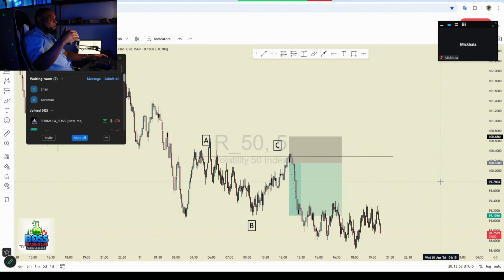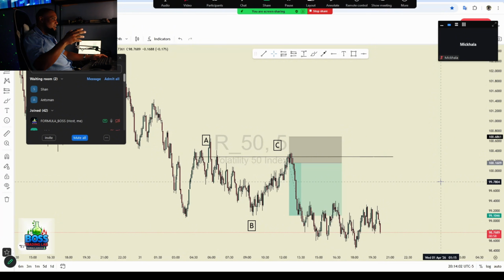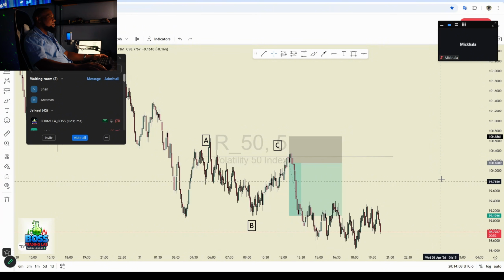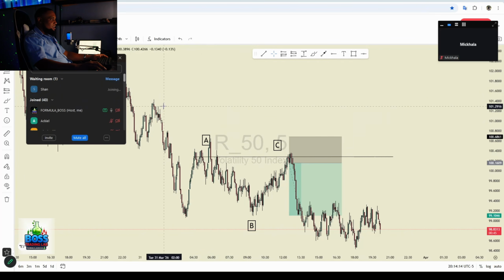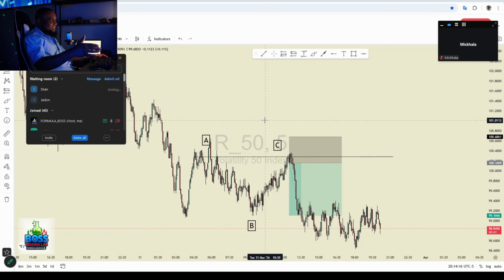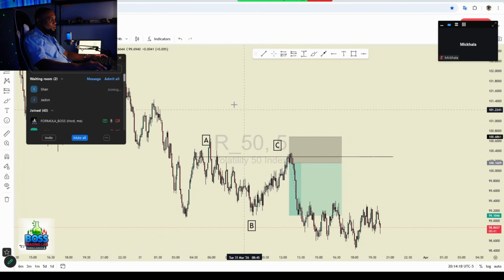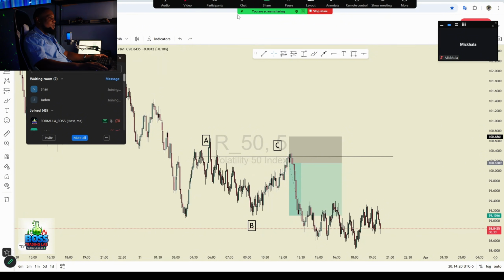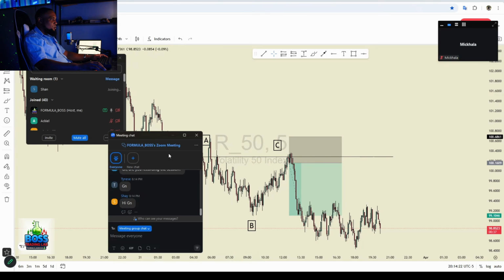Because remember, the market is full of information and it will convince you that what you're seeing is correct. For instance, if you are looking for some type of breakout structure or counter trend trade in this downtrend, the market will give you hints or clues, saying, yeah, man, I'm going up, when really and truly the market is going down.